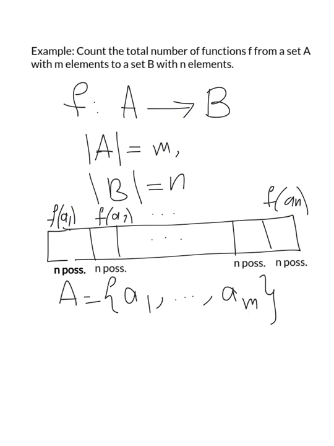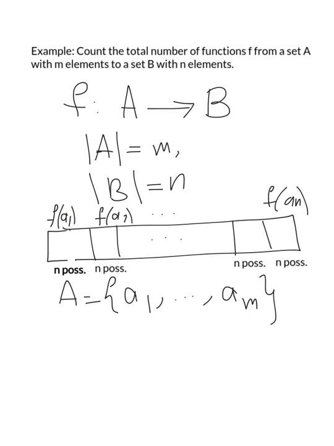And a function therefore corresponds to a choice between all the possibilities for f of A1, all the possibilities for f of A2, and all the possibilities for f of An. And the unique function is given when you fix each of these choices, which corresponds to a tuple of these different types of objects.